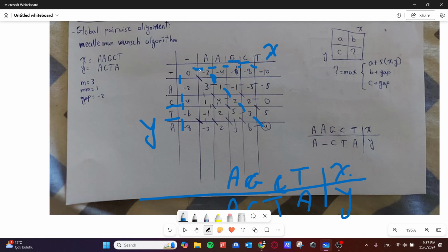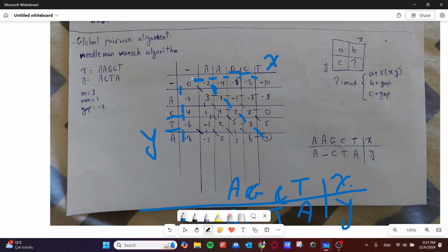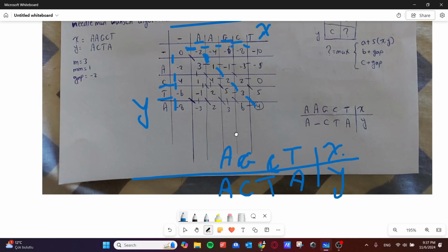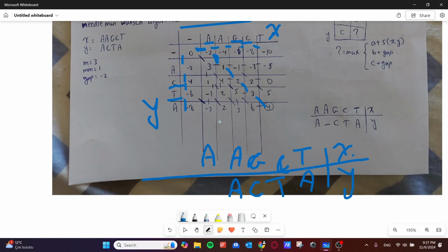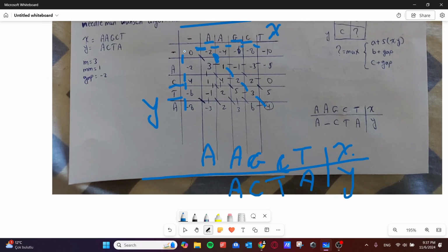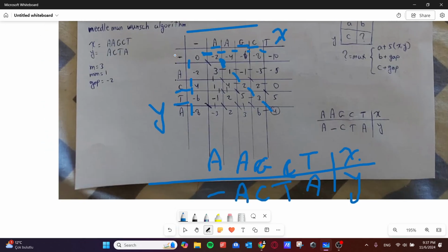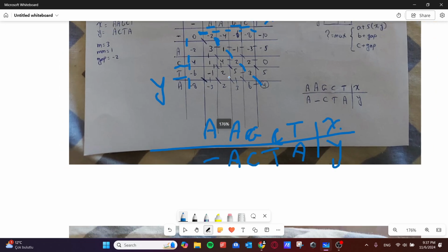To reach the 0, we take the horizontal line. You can say when it's horizontal, it is parallel to the x, right? So we fill the x, in this case it's A, and we keep the y empty. So we put a gap.